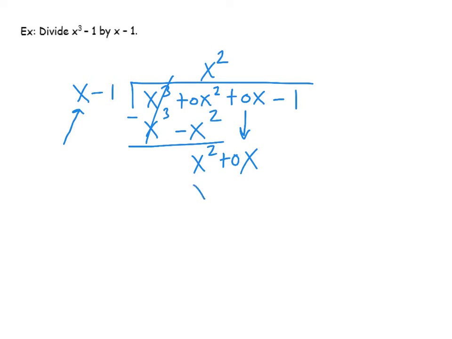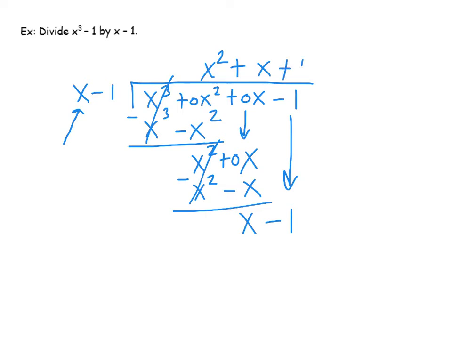Whatever term I pick up top, when I multiply it by x, I have to get x squared. And that's easy enough. It's just x times negative 1 would be negative x. And just like last time, this is going to take 3 rounds. I know this is my last round of division because I brought down the constant.